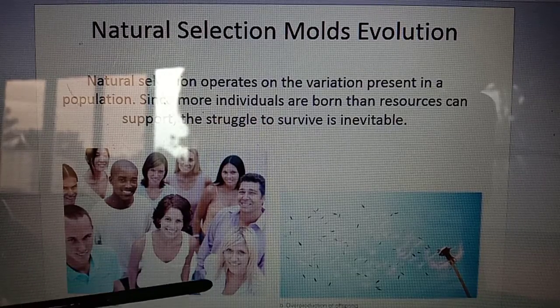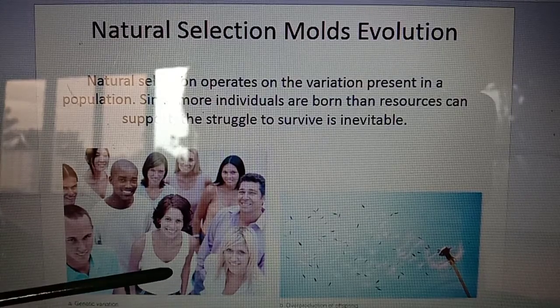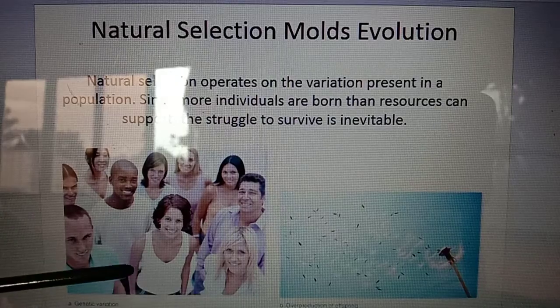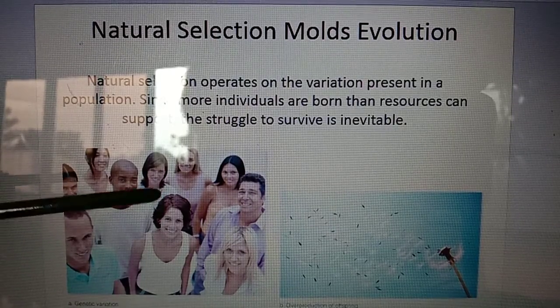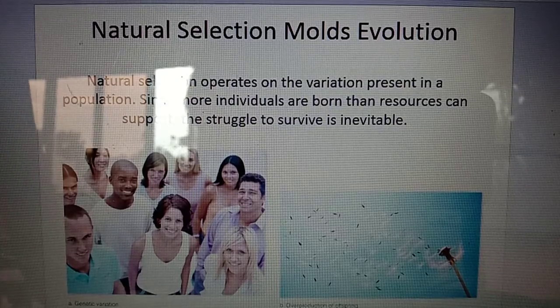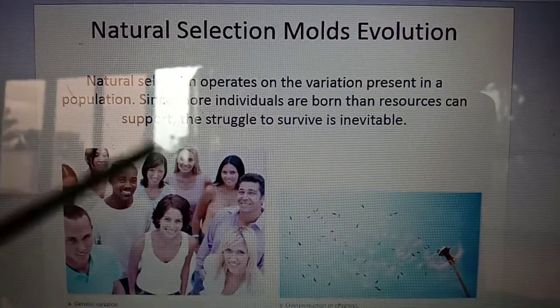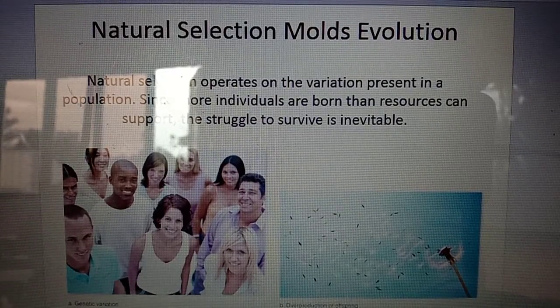So maybe only a few or maybe all of them will be transferred to the next generation. We do not know, but only the surviving population will prevail. Now, the heritable traits conferring these advantages are adaptations.